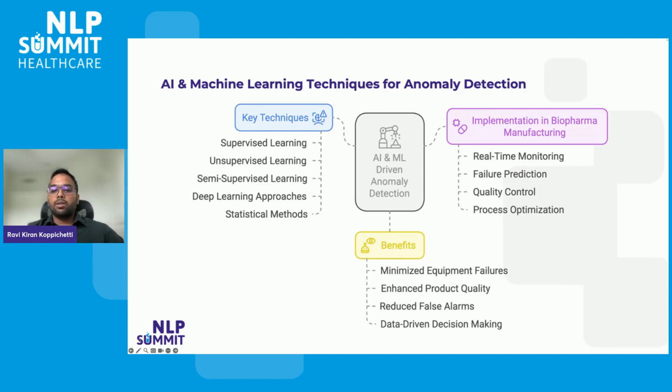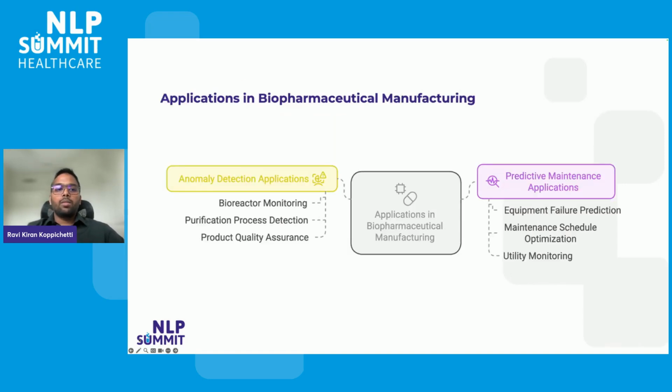So anomaly detection provides manufacturers with data-driven decision-making capabilities, enabling us to optimize operations based on actionable insights. In the next slide, we're going to talk about the applications, right?